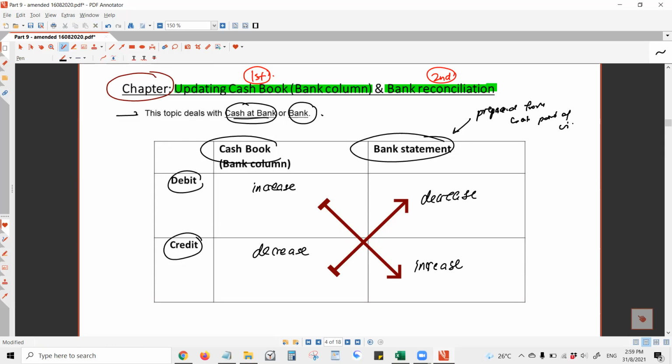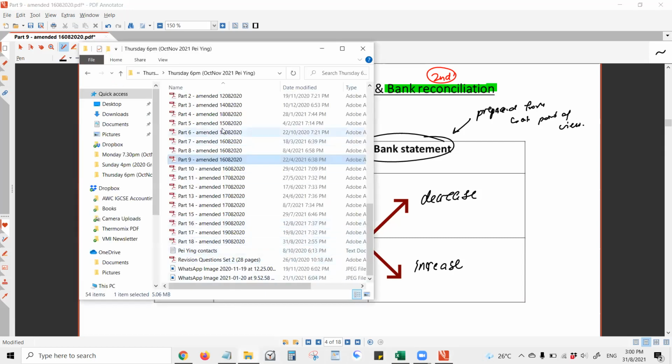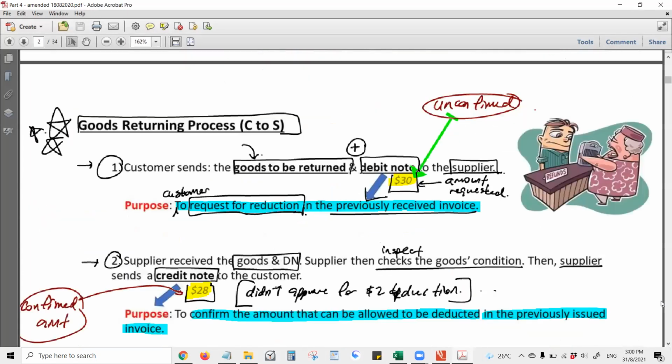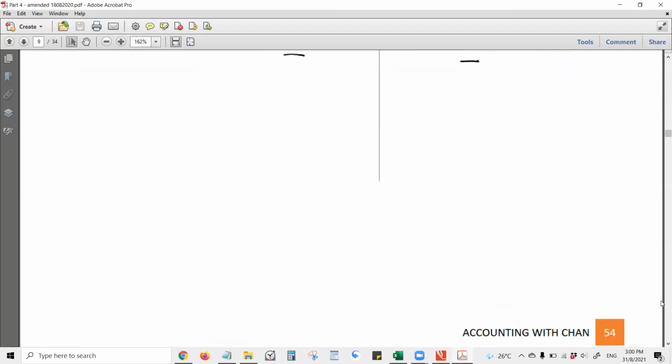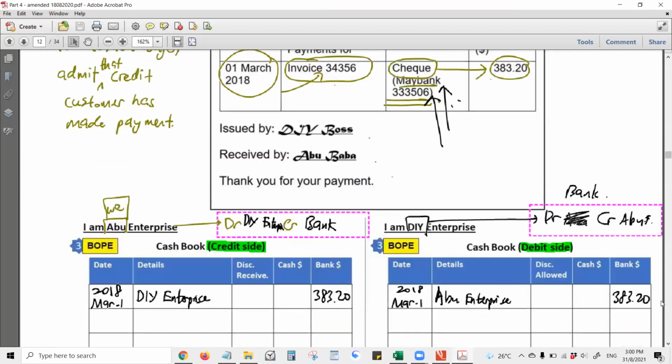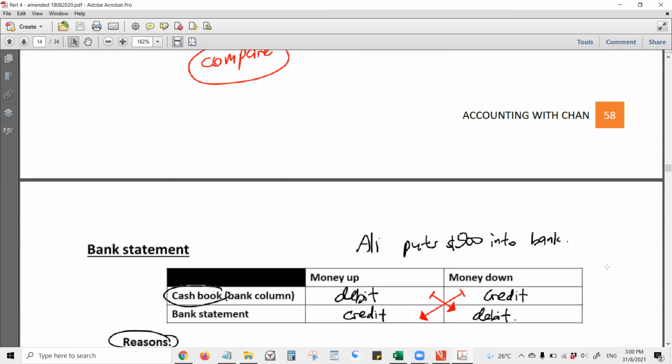So you put yourself into the shoes of the bank and think it through, then you would know why it is the other way around. When we were doing part 4, I think I explained it. If you want to refer, you can go to part 4, page number 58, 59.